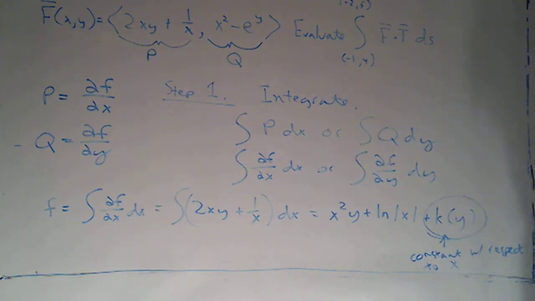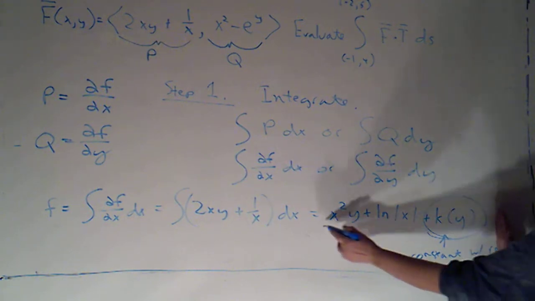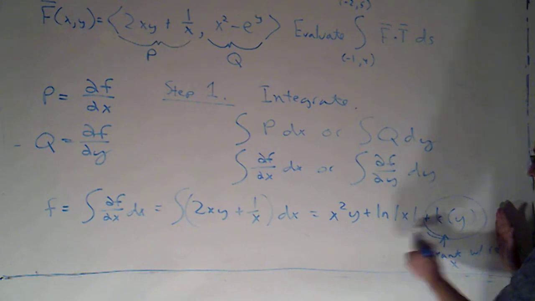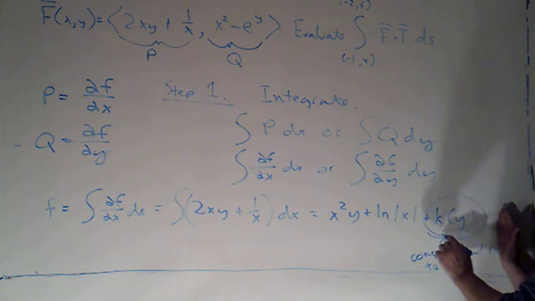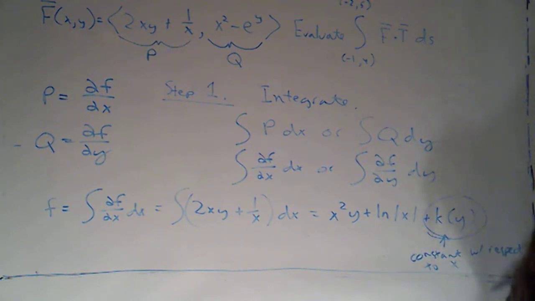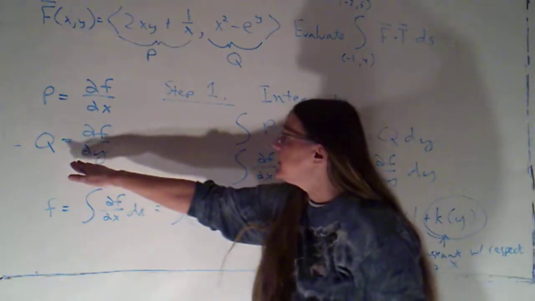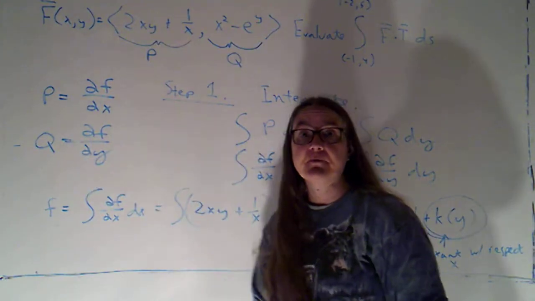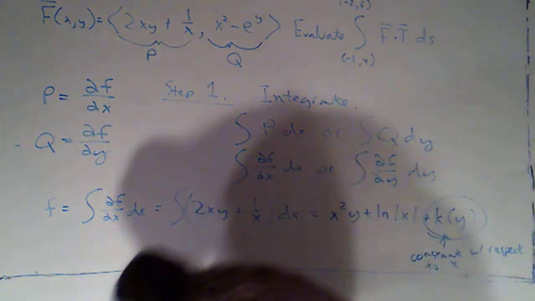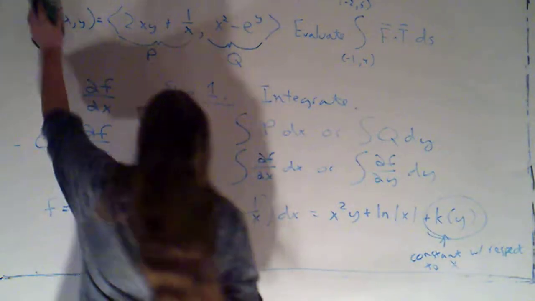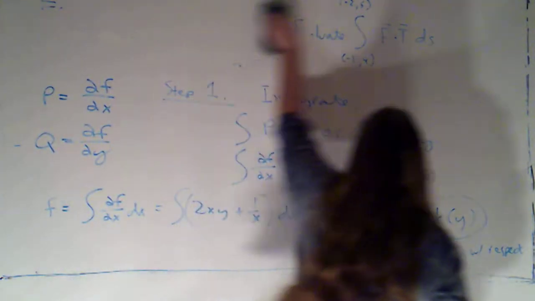So that gives me a partial formula for f. I've got two terms that I know exactly, but then there's this third term that depends only on y, and I don't know what that is yet. So I've just got a partial formula. Okay. So I haven't yet taken advantage of the fact that I know that q is the partial of f with respect to y. So I'm going to take advantage of that now.